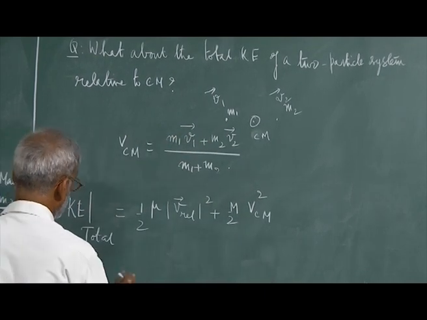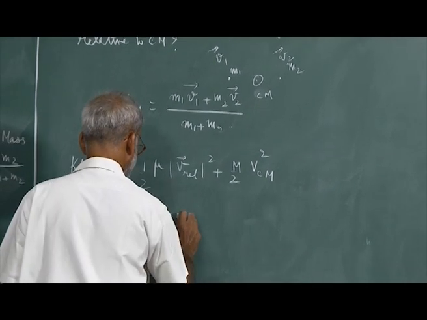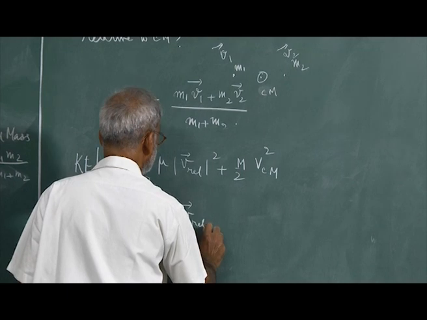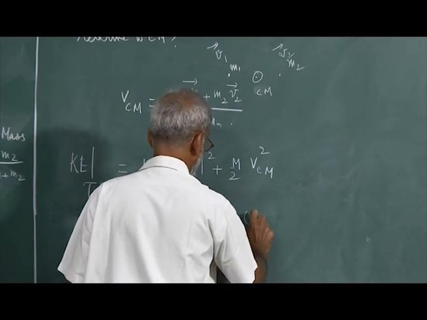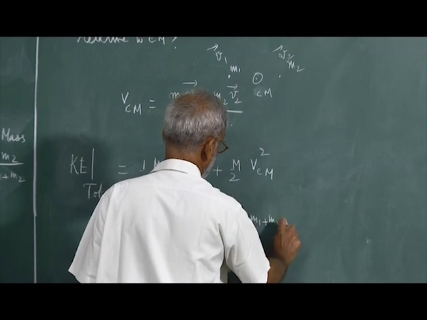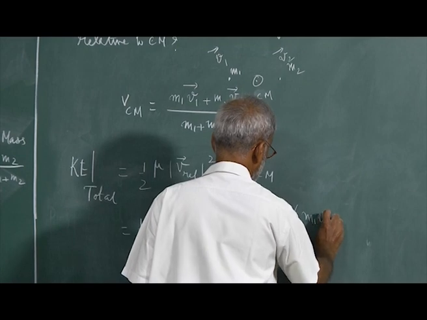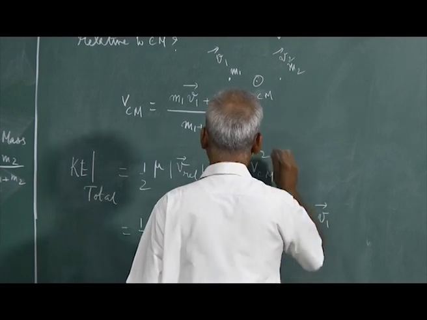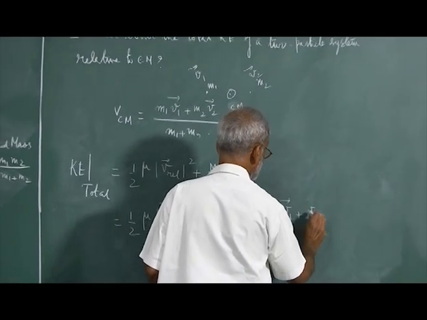Okay. So, I will have half of mu times V relative whole squared plus half of m1 plus m2, and we know the expression for the velocity of the center of mass. m1 is moving with the velocity v1 and m2 is moving with the velocity v2.